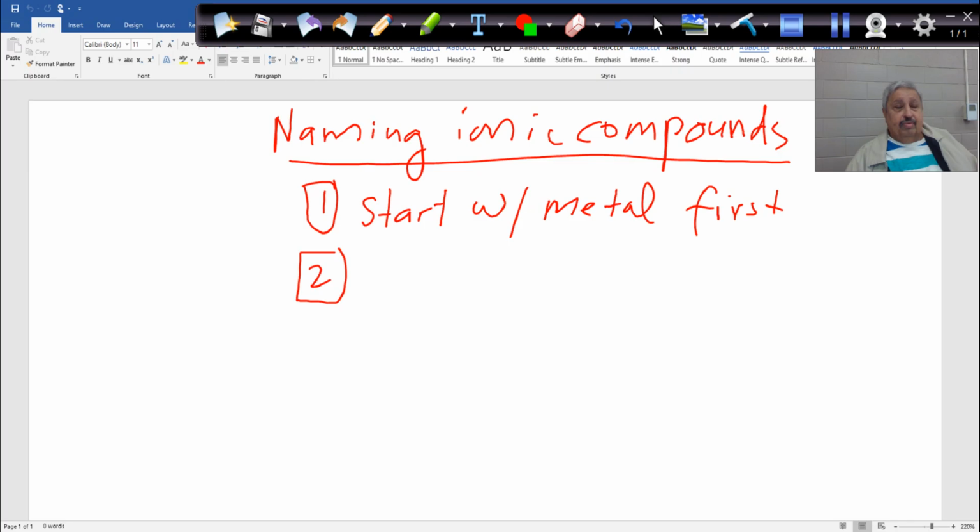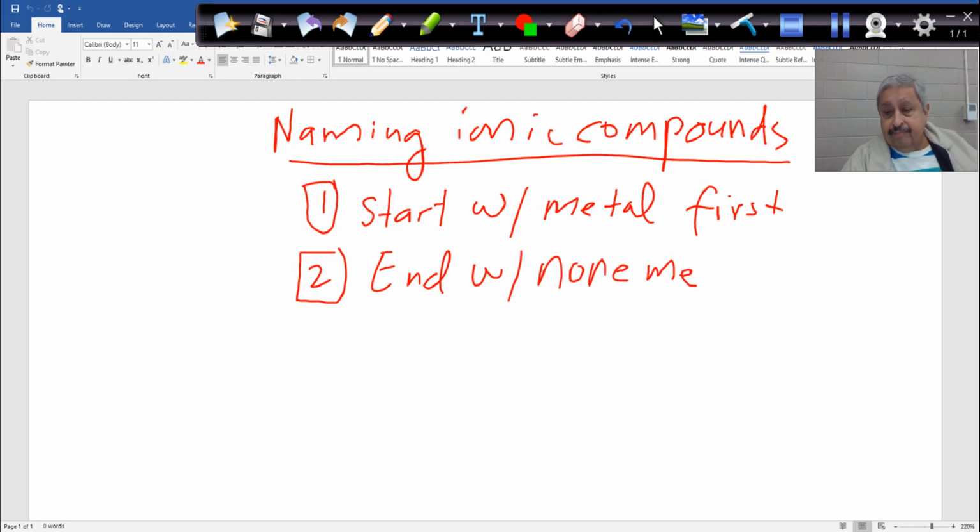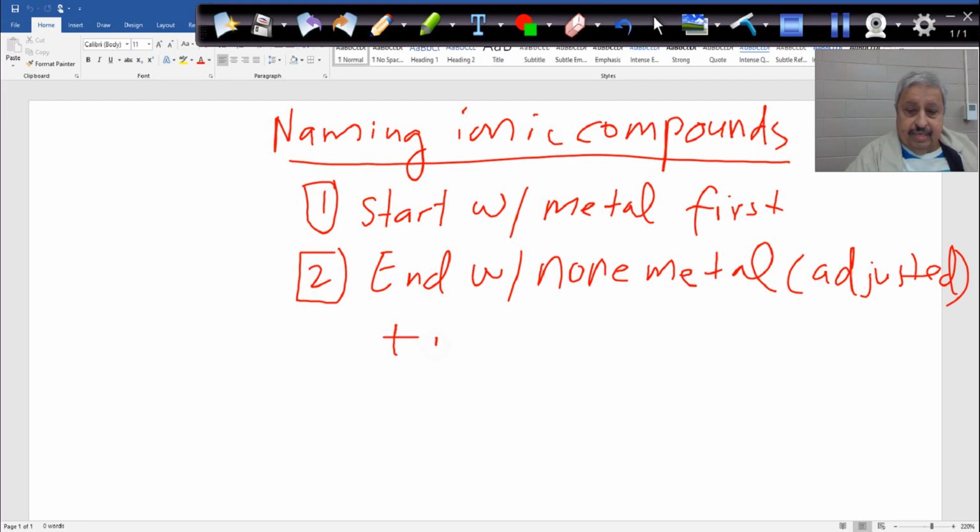The non-metal will be adjusted so that it ends up with -IDE. Then end with the non-metal, so I'll say adjusted plus IDE.